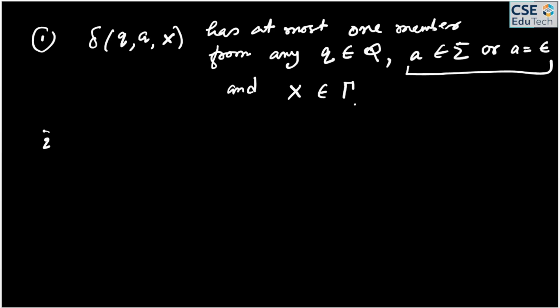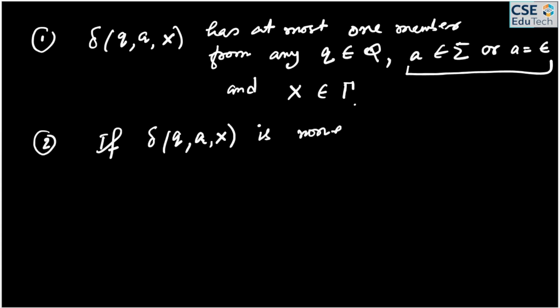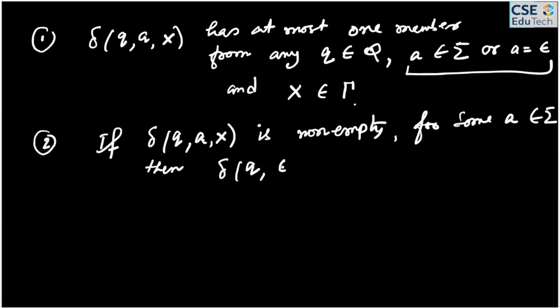And condition number 2: if delta(q, a, X) is non-empty for some a belonging to sigma, then delta(q, epsilon, X) must be empty.